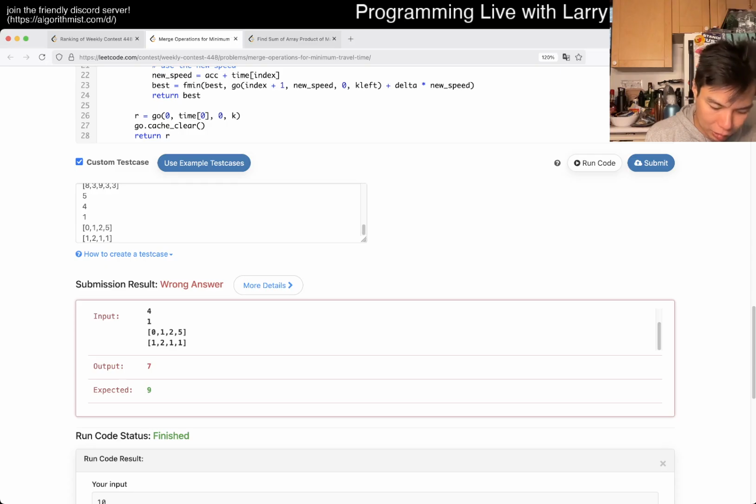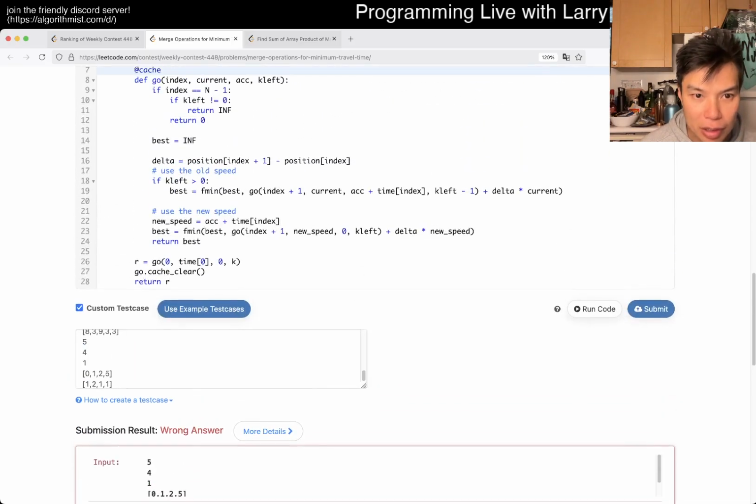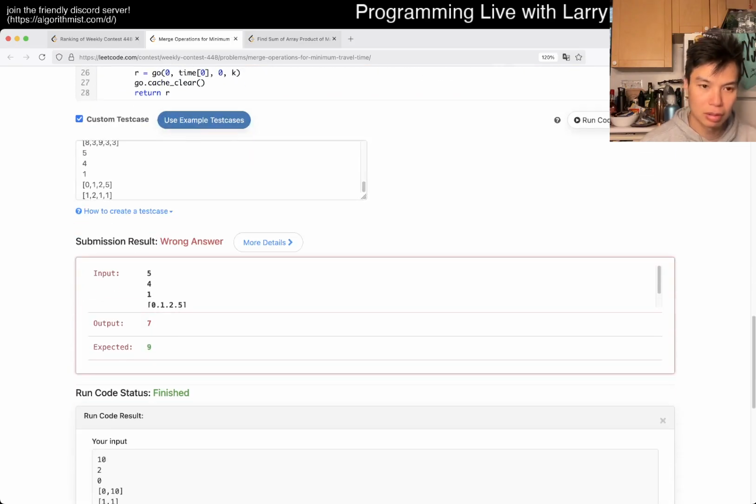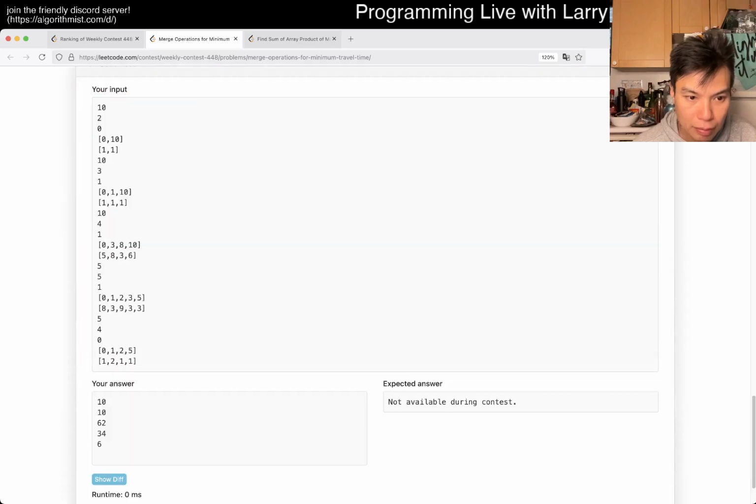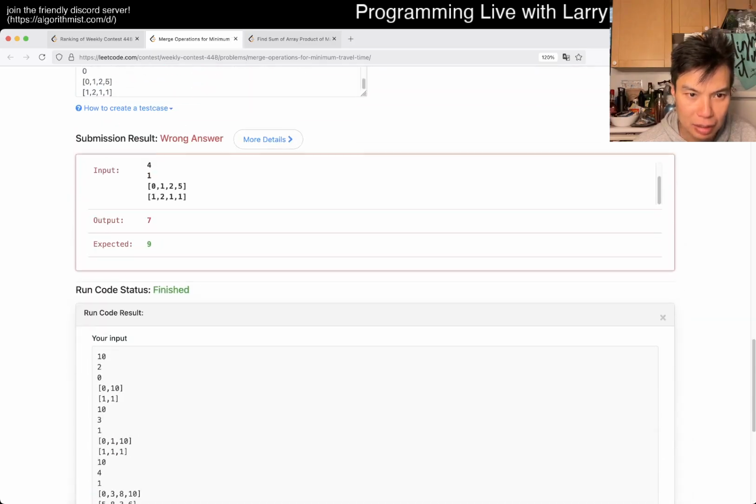Okay. And then now 2. Did I forget a k left is greater than... no, I do have a k left is greater than 0, so okay. Why would I do faster then? Okay, so let's say k is 0. What would the answer be? The answer is 6.